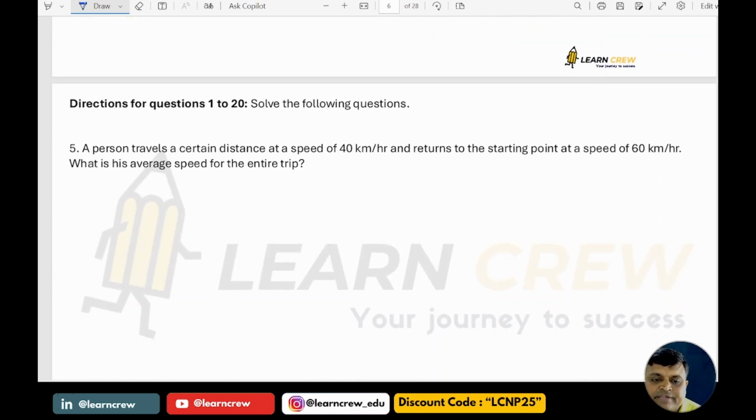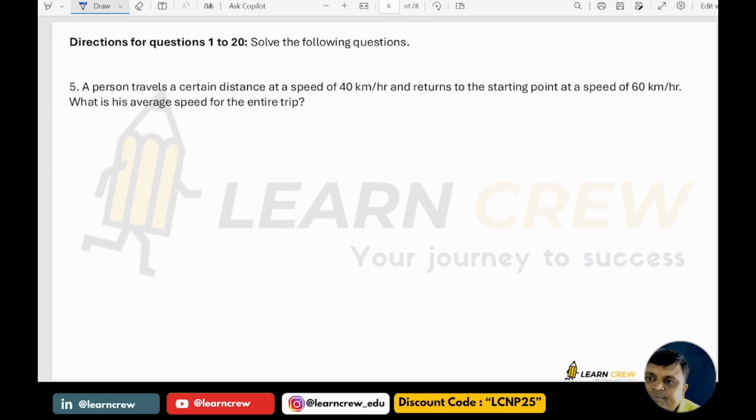Next, question number 5. A person travels a certain distance at 40 km per hour and returns to the starting point at a speed of 60 km per hour. What is the average speed? So see here, a person is traveling from A to B and B to A. We already know the formula, that is 2xy divided by x plus y.